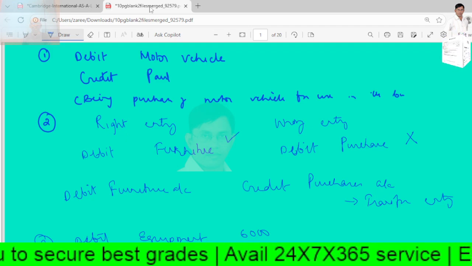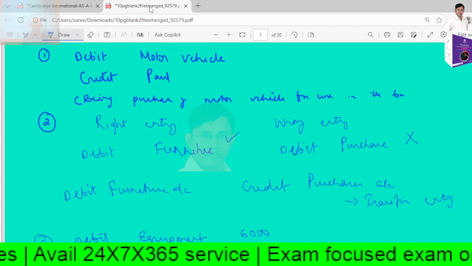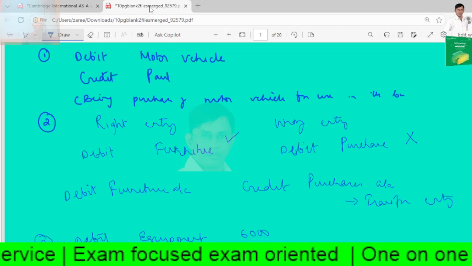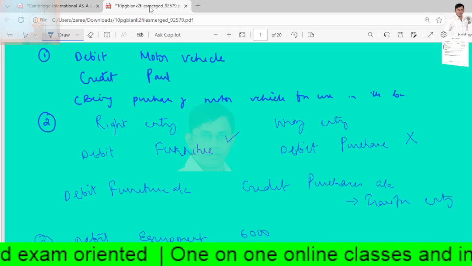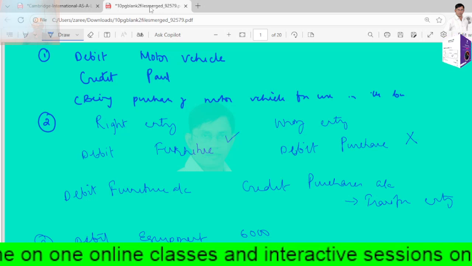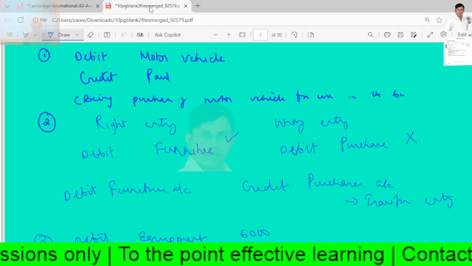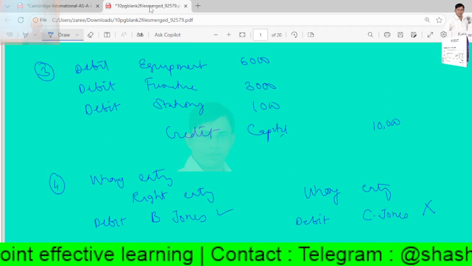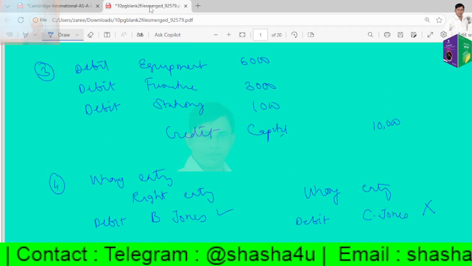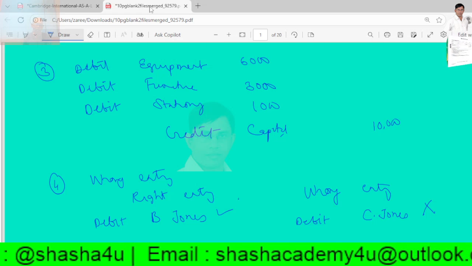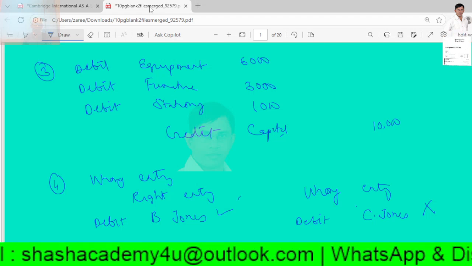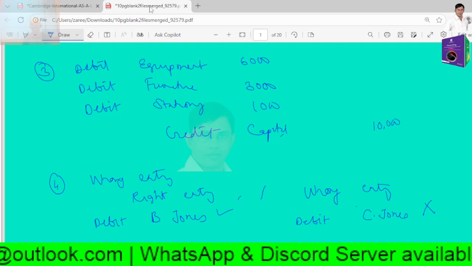So the first one is an error of principal. The second one is also an error of principal. This one is the opening journal entry, and this is again an error of principal. Instead of debiting one person, we have debited some other person.